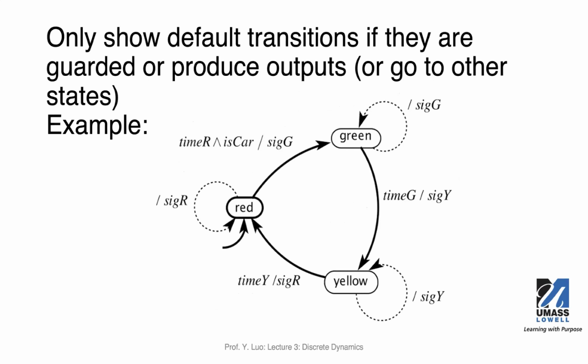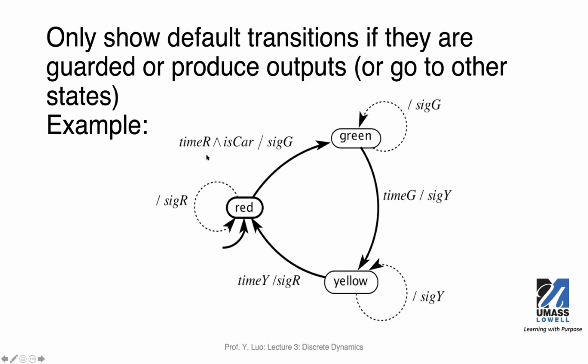That one was not shown because they don't have a guard, produce output, or go to other states. We will show a default transition if it is guarded, produces outputs, or goes to another state. There's an example here. We have a default transition.